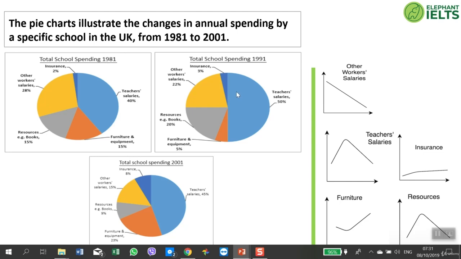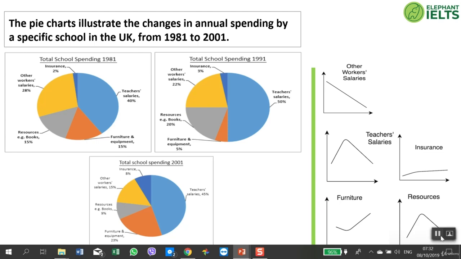Insurance is this one here, 2 to 3 to 8, so it rises like that. Furniture, 15%, 5%, and then 23%. So that would dip slightly and then rise significantly. And expenditure on resources, it rises from 15% to 20%, and then goes down to 9%.